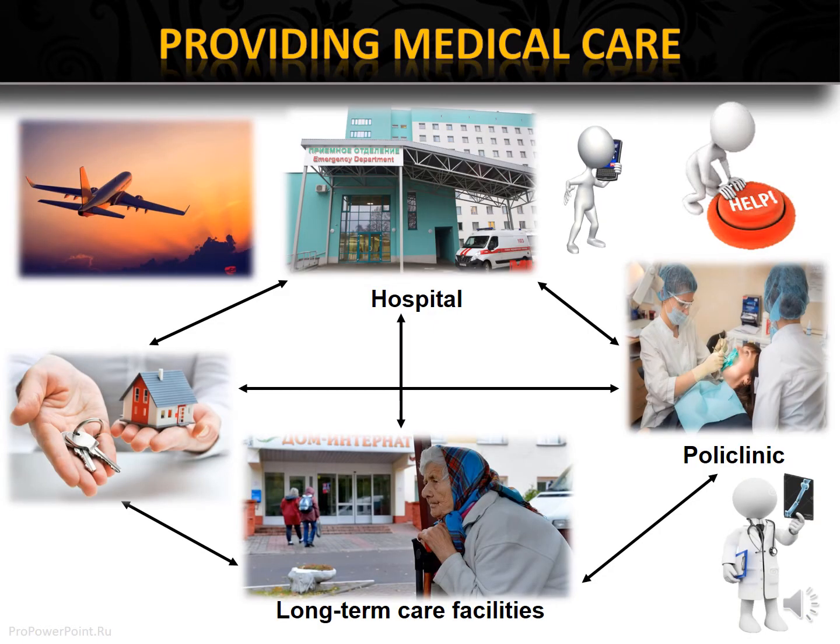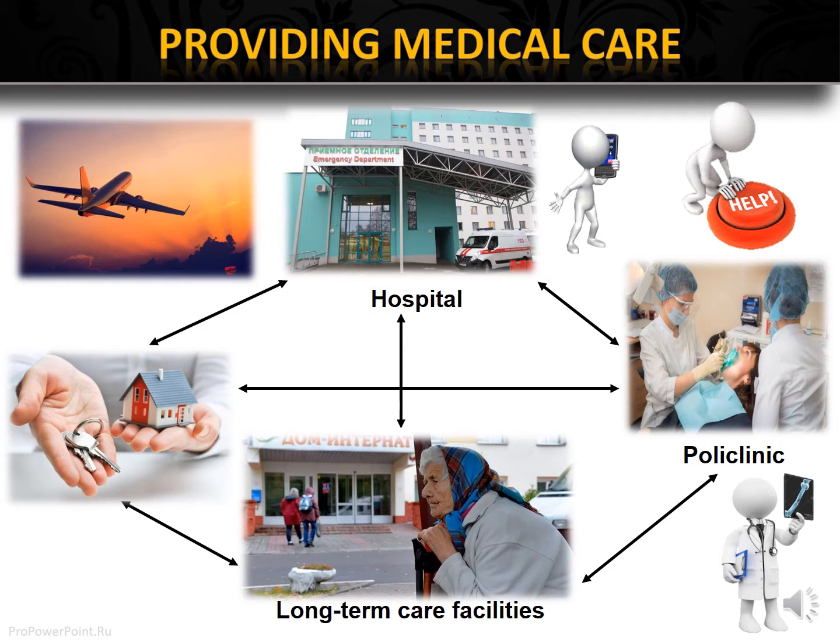So you see that when we describe providing medical care, we may provide medical care in such places as a hospital, polyclinic, long-term care facilities, at home, maybe on a plane or in other places, when our patient calls a doctor and asks him for help in this situation.